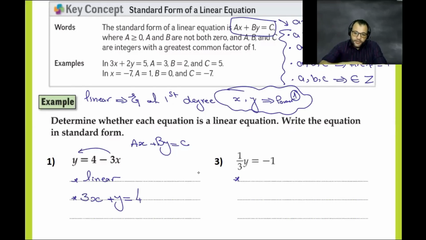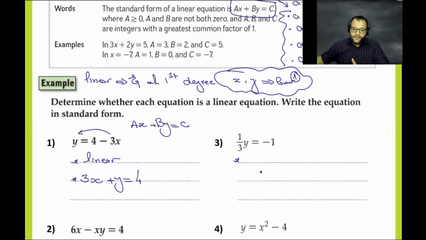Linear equation, an equation of first degree. That's what I need. Y here is of the first degree. This equation is of the first degree. So it will be linear. That's my question: linear or not linear? First degree or not first degree? So it will be linear.